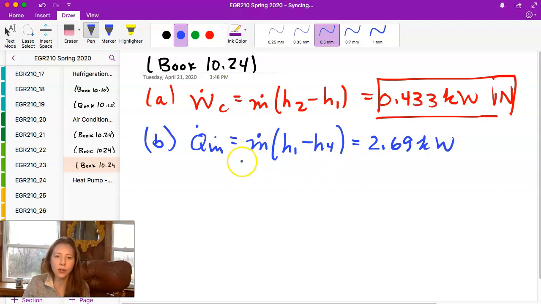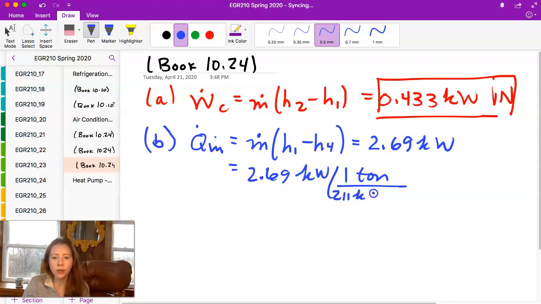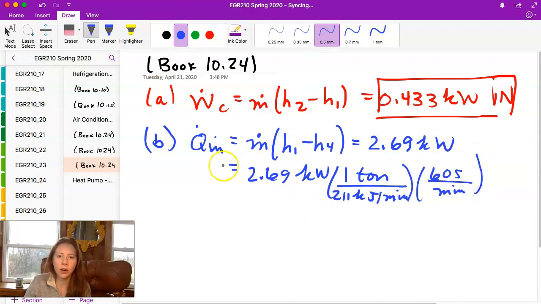And then we can do our conversion. So to get to tons, 2.69 kilowatts times 1 ton, and that's 211 kilojoules per minute, times 60 seconds per minute. Or you can do the shortcut I did before. And that's going to give us 0.764 tons.